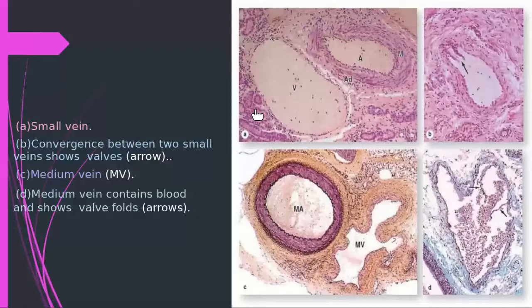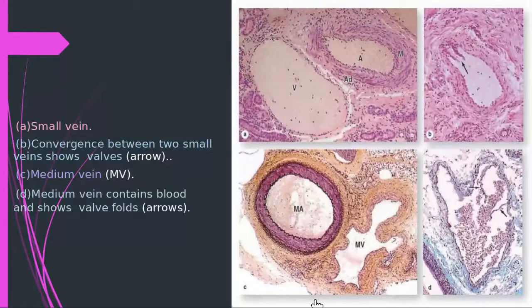If you compare, the muscular lining is more dense in the artery, but less in the vein. Then C will be a medium vein and this will be a medium artery. All these things are just for your knowledge and understanding.